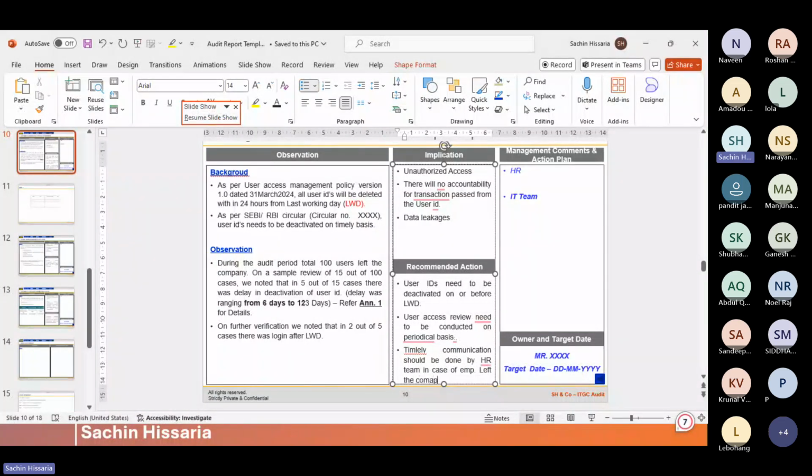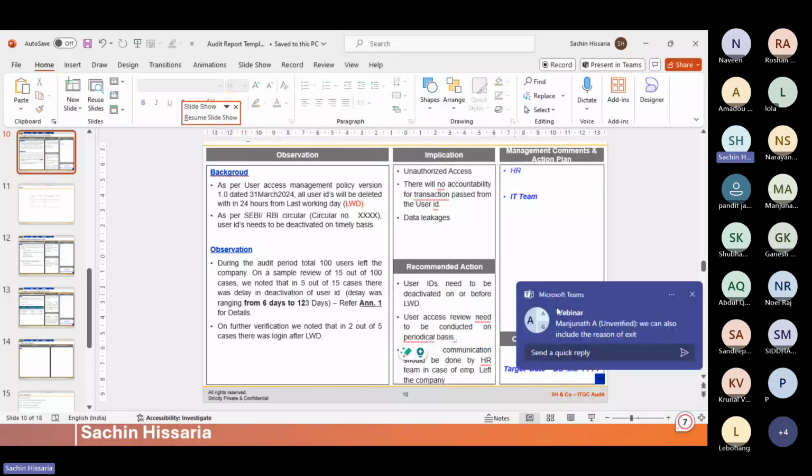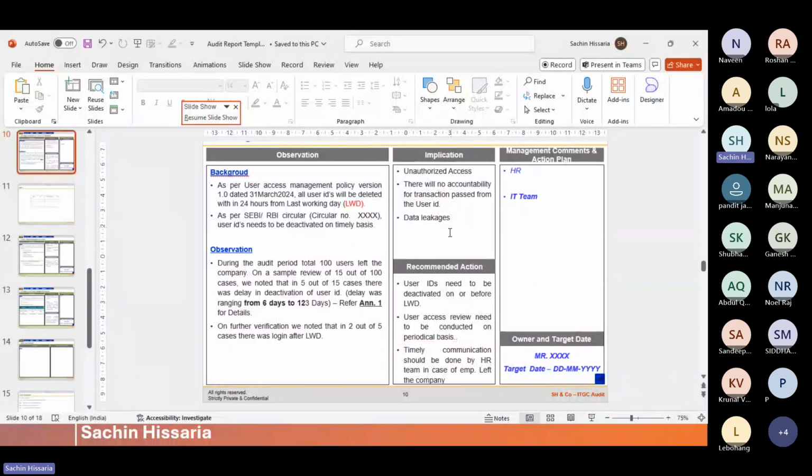I'm just saying to the HR department, whenever an employee is leaving the company, please inform the IT team on a timely basis so that they can take appropriate action. We can also include the reason of exit. Like Manjunath, reason of exit means what? Why that employee has left the company. Then HR and IT will provide their responses.